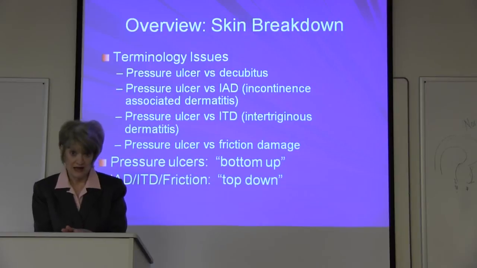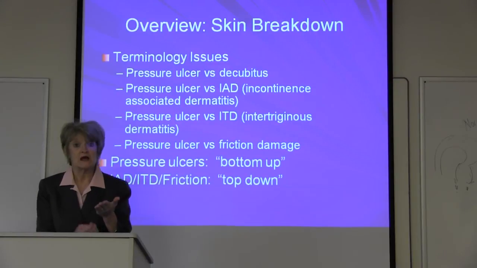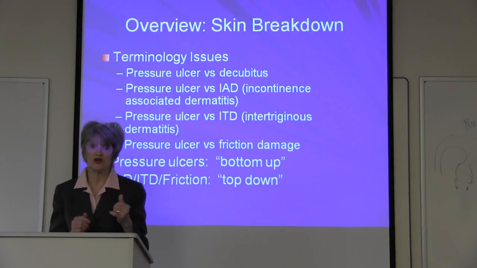All of our current data indicate that pressure ulcers begin deep. They begin at the muscle-bone interface and they come up. So that tells you that if you label a wound as a pressure ulcer, number one, you've got to look at location. It should either be over a bony prominence or under a medical device where there's tissue compression.